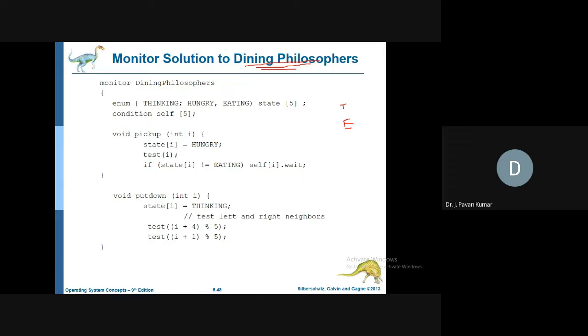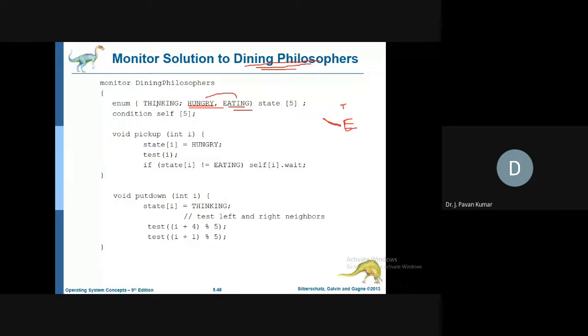So while he wants to eat, he has to wait for some time. Whenever he wants to eat, that state we define as hungry. He may be hungry, but he will not be eating. So these two are different.